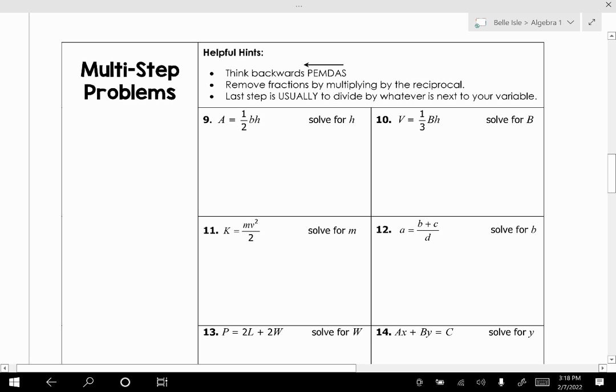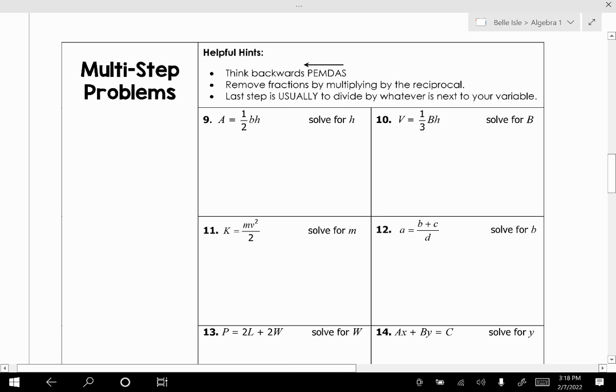Okay, so multi-steps. Number 9, we're solving for H. I gave you a few hints up at the top. First, think backward from PEMDAS. You need to move addition and subtraction stuff before you move multiplication and division. The second part of that is get rid of the fractions.